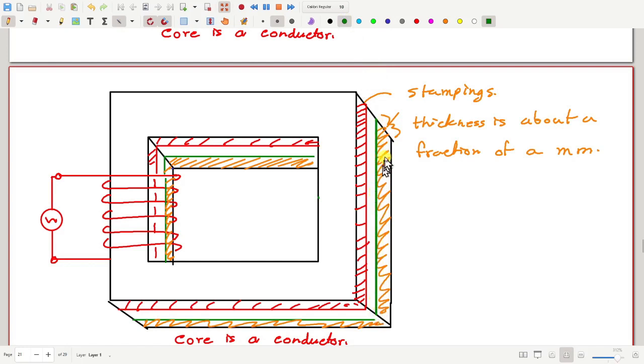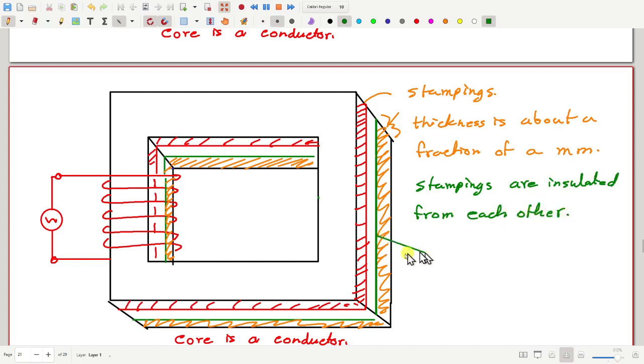So this orange slice and this white slice are not connected electrically. They are insulated from each other. So here are the insulations.